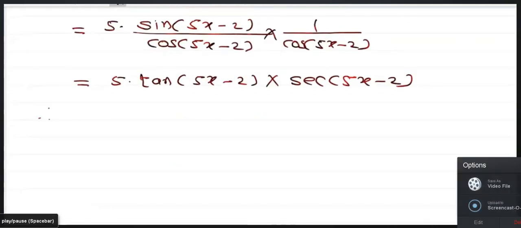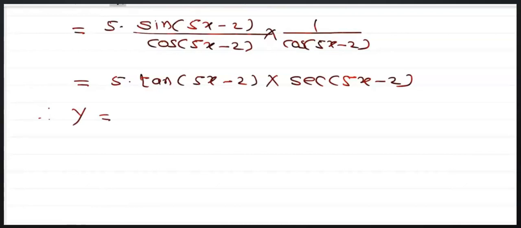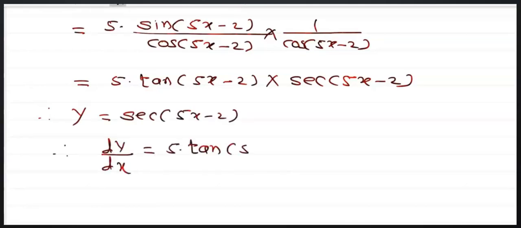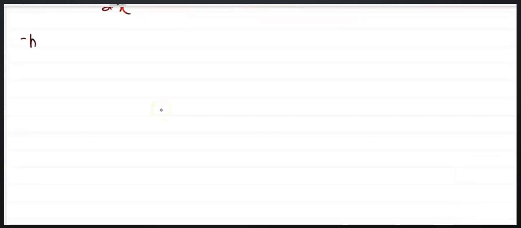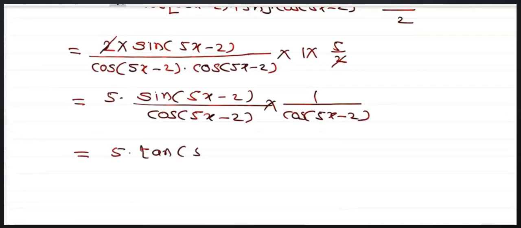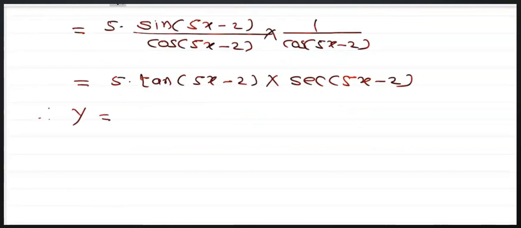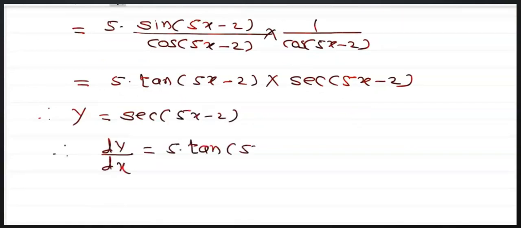That is sec of phi x minus 2. Easy. Then dy by dx is equal to 5 tan of phi x minus 2 into sec of phi x minus 2. You can see the derivative. This is the derivative.